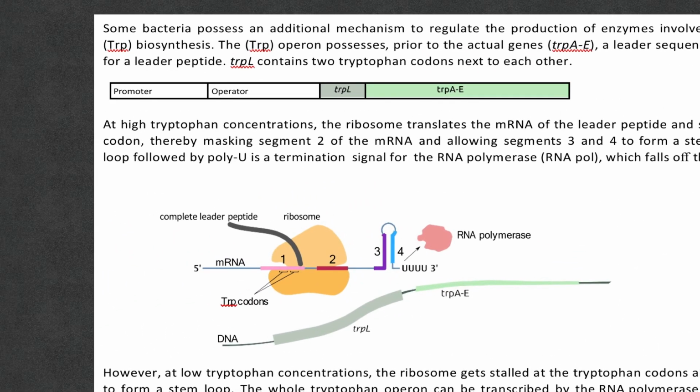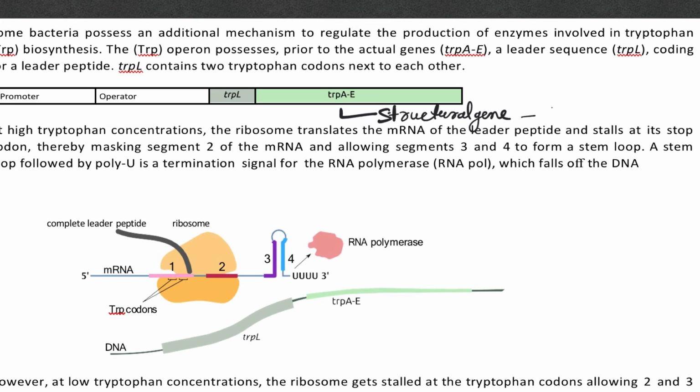given you here. So trpA-E, these are the structural genes. Now when I say structural genes, what it means is that these are the genes which are going to make enzymes, and these enzymes at the end are going to synthesize the tryptophan, but we are clubbing them together.